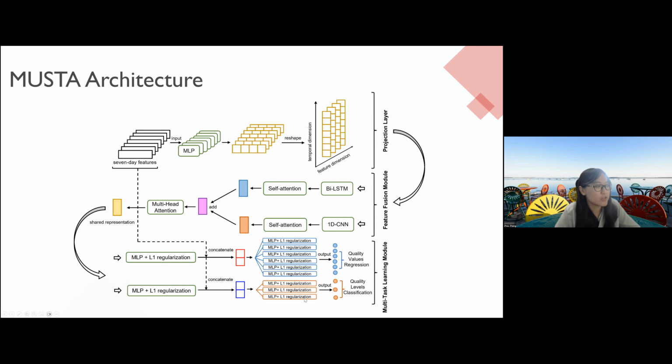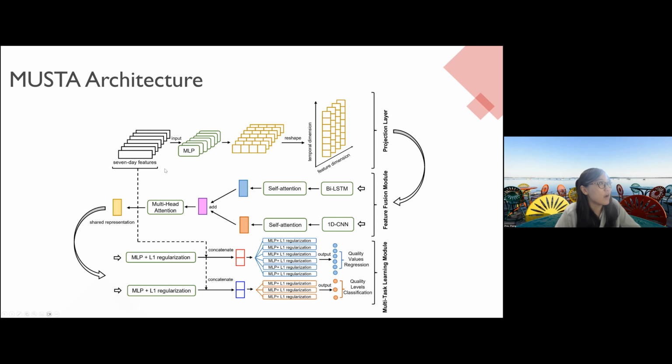Also, we have a classification branch. So instead of predicting each individual value, we group them into different levels. Say maybe the top 10% belong to one class. Then we separate them into different classes, different levels of quality.